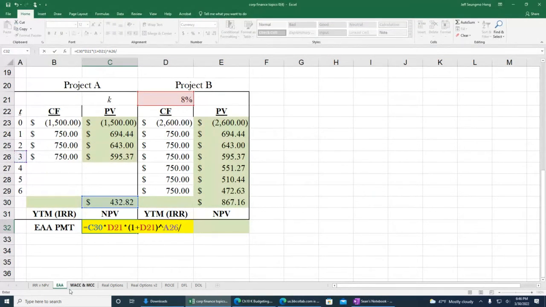Now the whole thing divided by, now we'll need to open another outer parenthesis and inner parenthesis 1 plus r raised to n minus 1, close parenthesis. Okay?